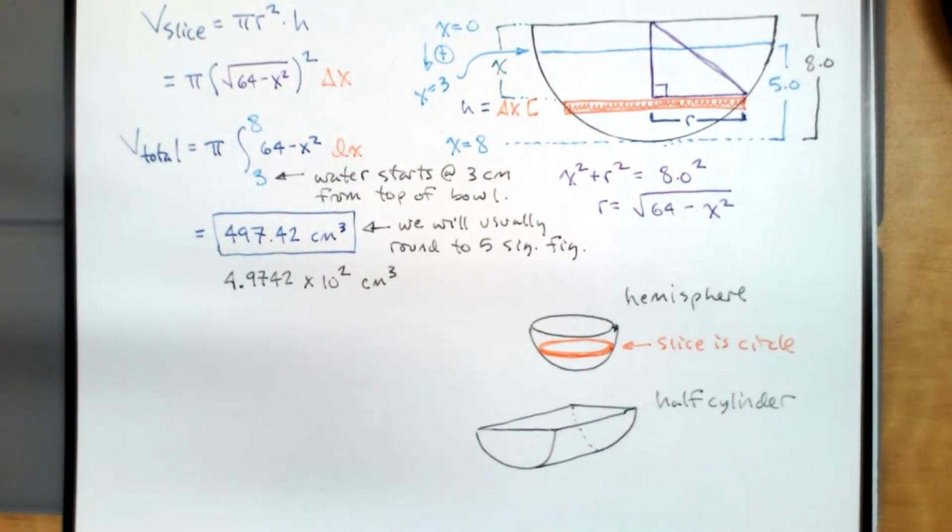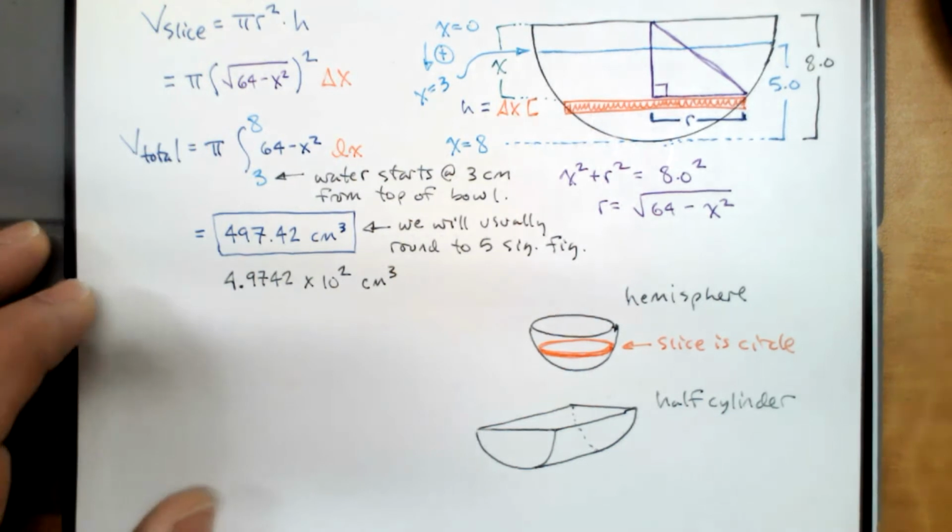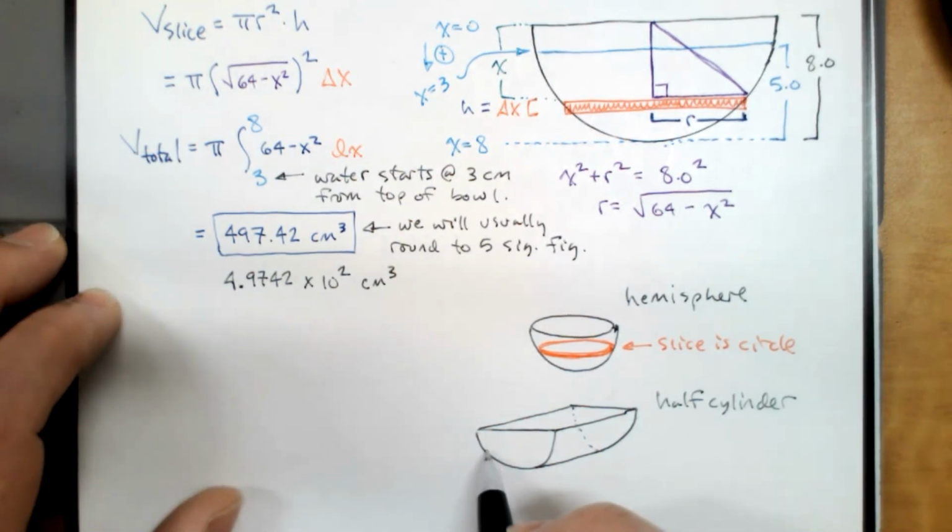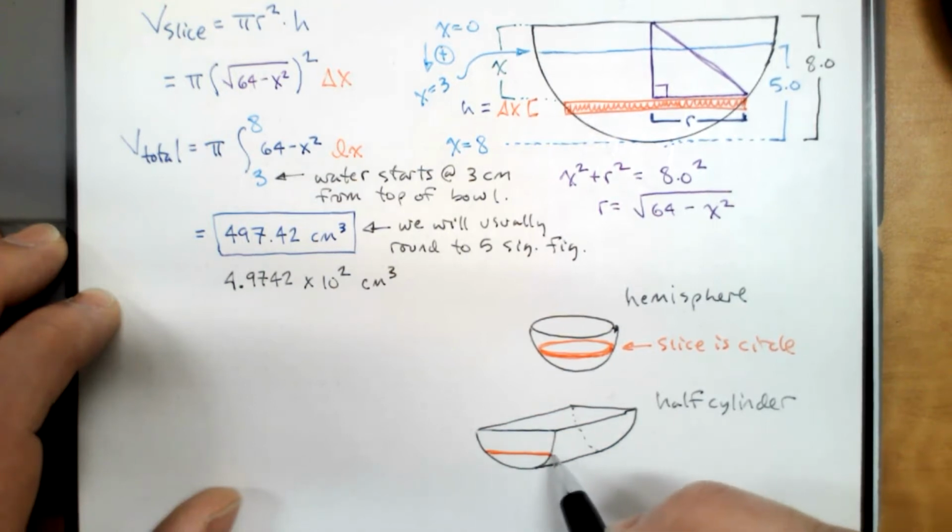Our half a cylinder is going to use the same picture from our hemispherical bowl. We're going to have a slice that looks like just a line, but in a half of a cylinder, that slice is going to be a rectangular solid.